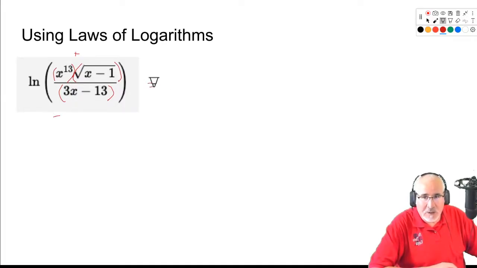So we can expand this out as the natural logarithm of x to the 13, plus the natural logarithm of the square root of x minus 1, minus the denominator part, natural log of 3x minus 13.